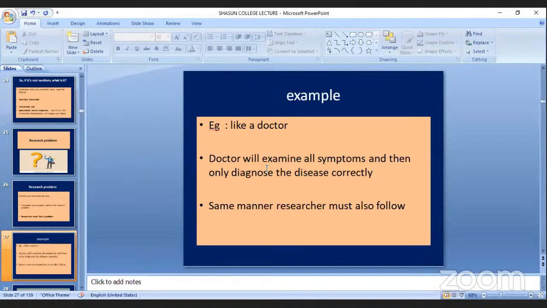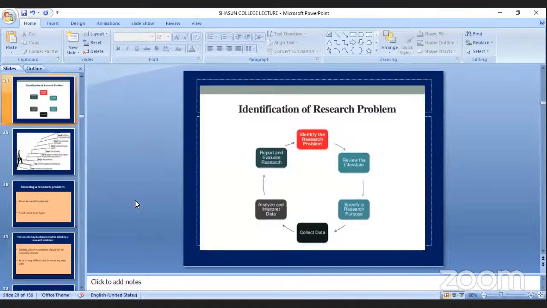He will diagnose, examine, and ask you the symptoms and side effects, and only then will he give the tablets. The same manner the researcher must also follow. The researcher should see what kind of problem it is and how to analyze it. Just like a doctor, the researcher should analyze everything and only then take up the research.